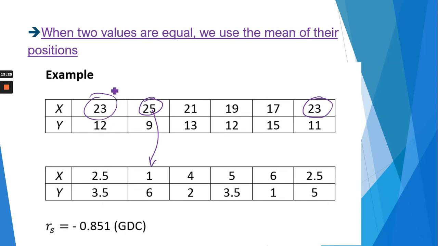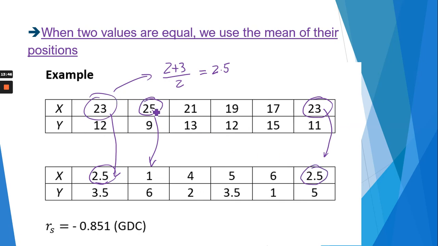So what do we do? Because they are second and third, we're gonna get here the second plus the third divided by 2, which is the mean value of them, 2.5. So instead of putting 2 or 3, we're going to put here 2.5 and also here 2.5.